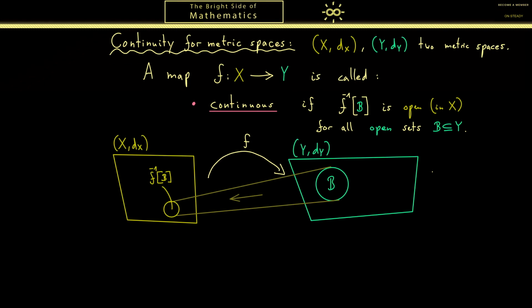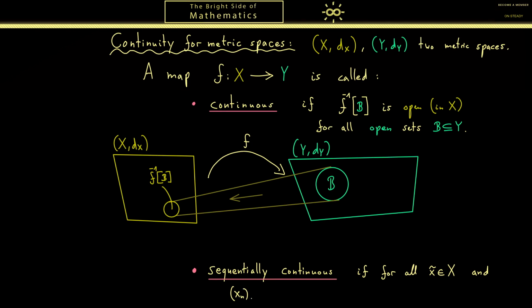Therefore, now we look at something we call sequentially continuous. As the name tells you, this has something to do with sequences. In some sense, I can repeat what I told you before. We choose any point on the left hand side, and let's call it x tilde. And also let's look at any sequence xn that converges to x tilde.